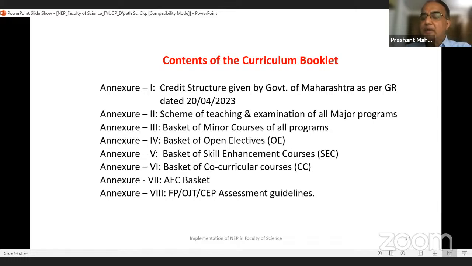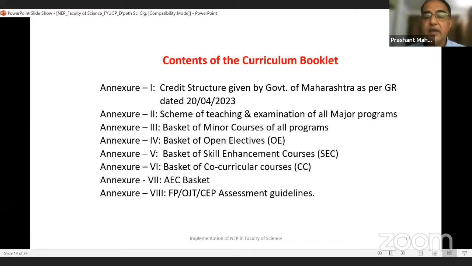Because we have allowed the students to take courses from the basket of any faculty which come under the common basket category. So suppose a science student who comes to, say, BSc first year physics, then he has to see the basket of open electives of commerce and management or humanities or interdisciplinary.